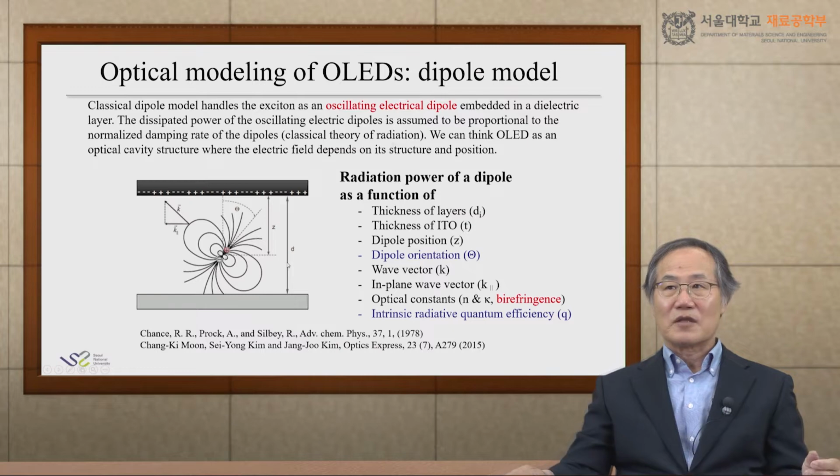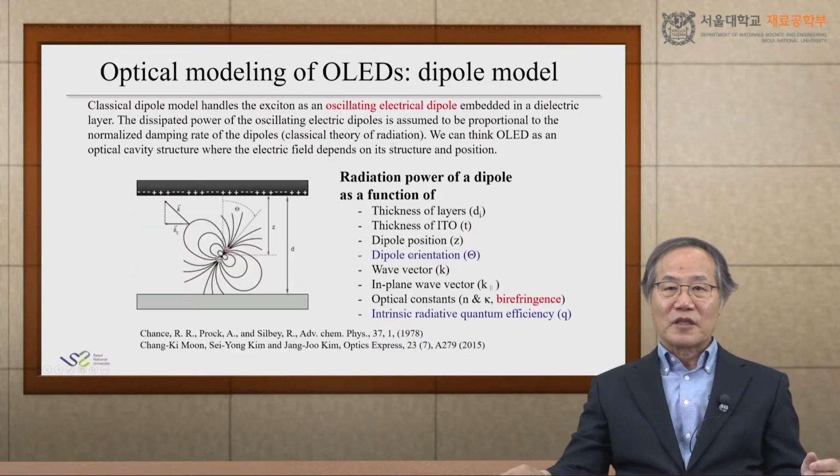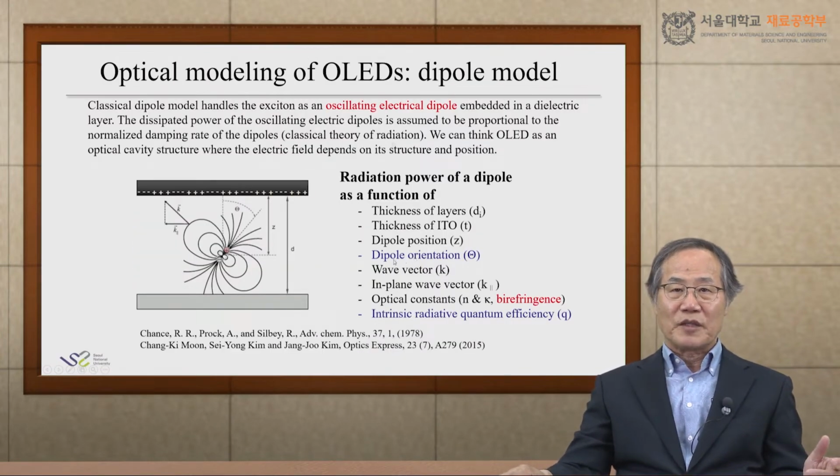If you consider the material properties of emitters, you can easily take the dipole orientation of these emitters and PLQY, and the optical constants, while the others are the device parameters.